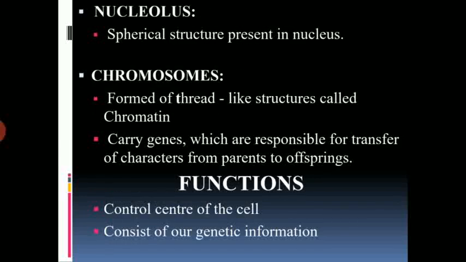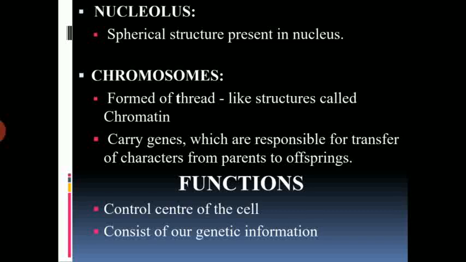Next is the nucleolus. As I have shown you, in the center it is the spherical part present inside the nucleus, and in this part ribosome formation takes place. Next is chromosomes. Our nucleus consists of DNA, our genetic material, deoxyribonucleic acid.